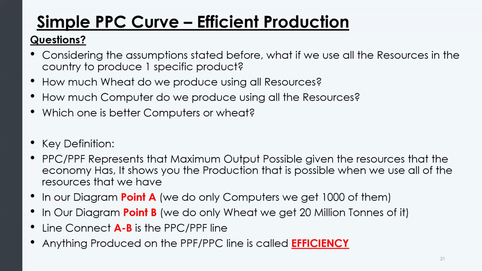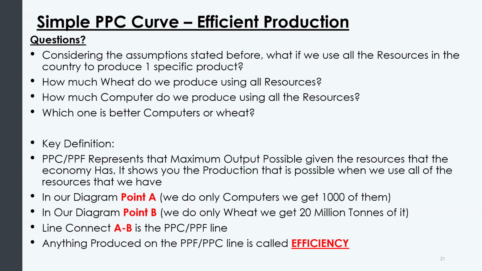Just think about it that way. So they can either produce computers or they can produce wheat. If the country decides we only want to produce computers, nothing else, they'll produce 1,000 computers, right? If they decide we want to produce wheat and nothing else, they'll produce 20 million tons of wheat.